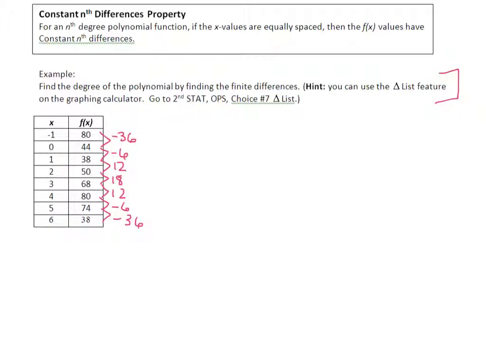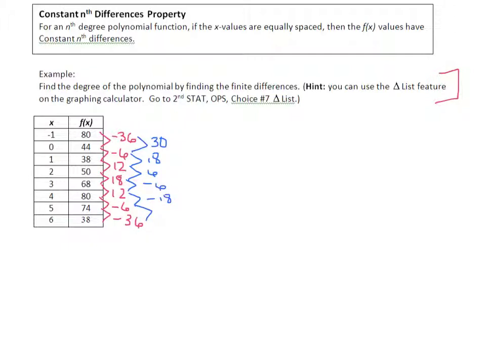Once you get your first difference, then you have to repeat the process. So I will do negative 6 minus negative 36, which is a positive 30. 12 minus negative 6 is 18. 18 minus 12 is 6. 12 minus 18 is negative 6. Negative 6 minus 12 is negative 18.